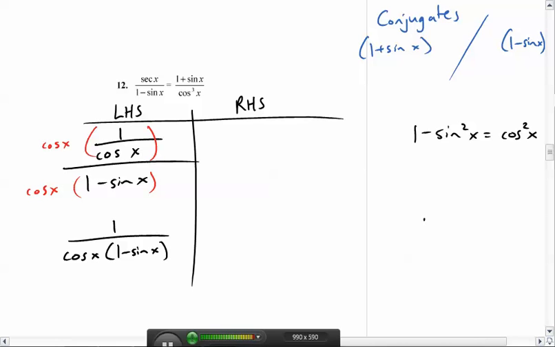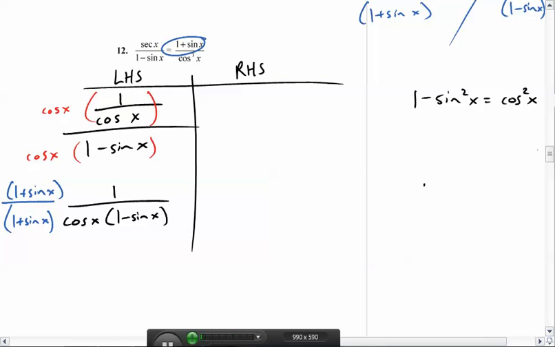And now because I'm trying to get 1 plus sine x in the numerator, I'm going to multiply the denominator and the numerator by 1 plus sine x. So that gives me 1 plus sine x times cos x, 1 plus sine, 1 minus sine.